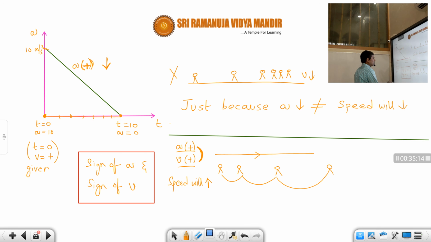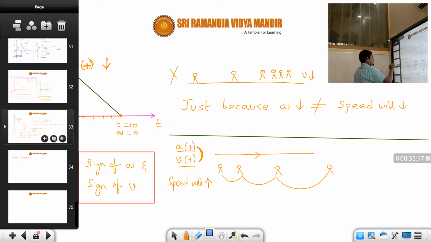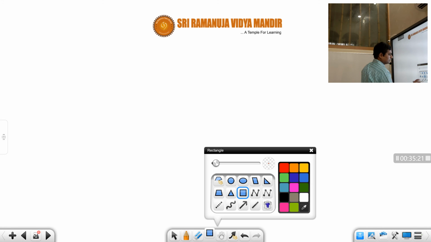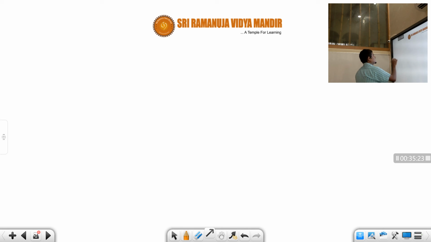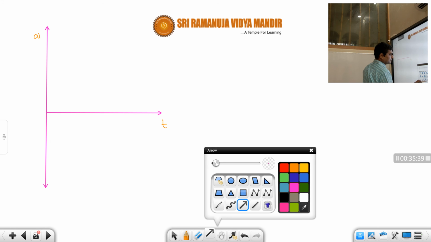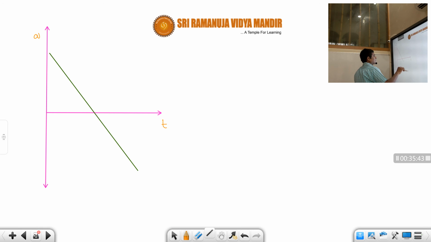Now let us see one more graph on this. This is also a very interesting graph, students. Let us say this is an a-t graph, so this is a and this is t. Suppose the graph given is like this, some above and some below.